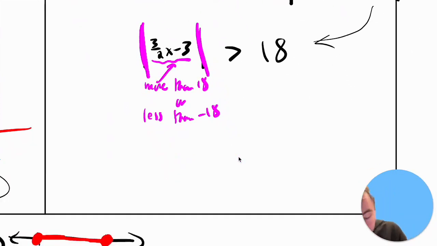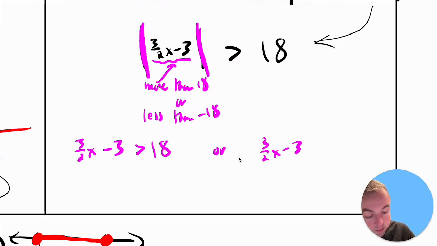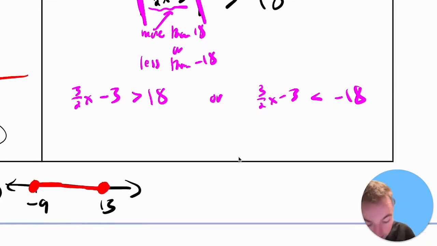So what that means is that 3/2 x minus 3 being more than 18 would look like this, or 3/2 x minus 3 being less than negative 18 is going to look like that. All right, and so then you can just solve those couple of inequalities.